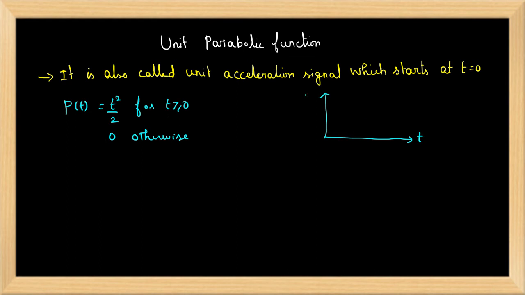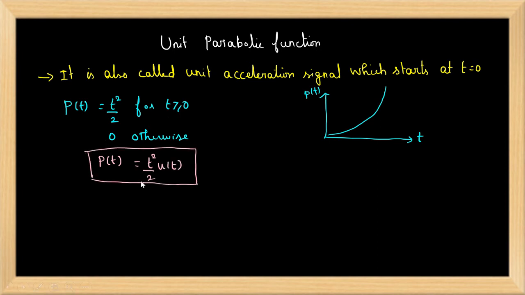This is p(t), and graphically it has a parabolic shape. We can write this parabolic function p(t) as t squared by 2 times u(t). This is the relation between the parabolic function and the unit step function.